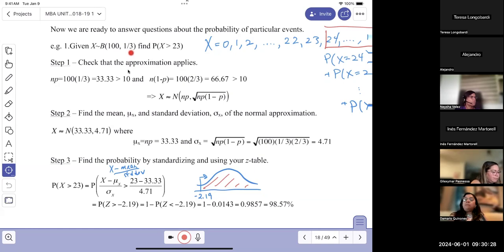Then in our sample of 100 tries, the chance that more than 23 are observed is almost 100%. It's 99%. At first glance, you wouldn't know that. You wouldn't understand how 1/3 plays out in 100 draws.